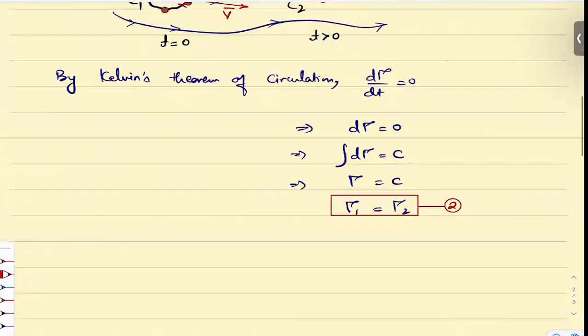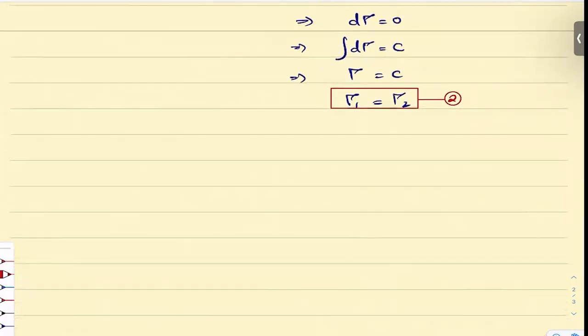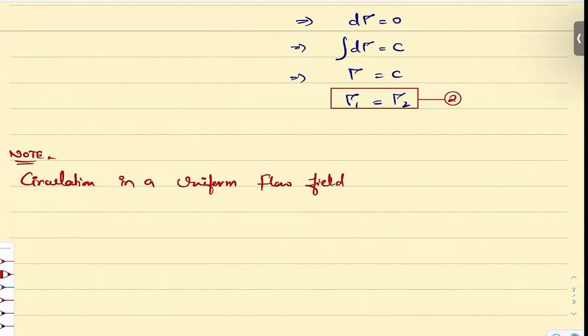Now let's do some examples. You write a note. In the note you write: circulation in a uniform flow. Circulation in a uniform flow field.